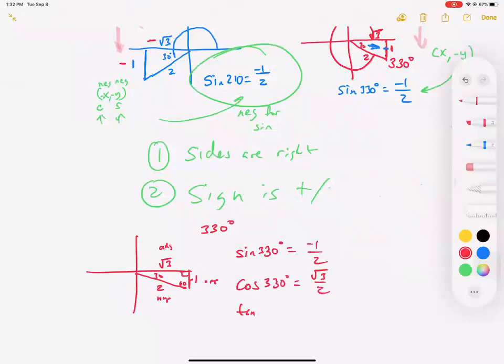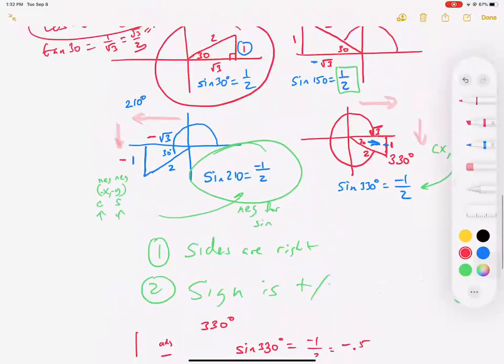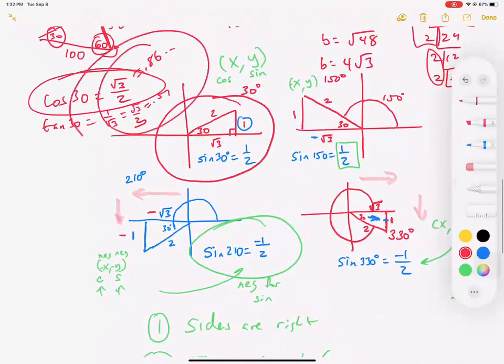My tangent of 330 is negative 1 over square root of 3, which is written as negative square root of 3 over 3. Now the cool part is we can write this as negative 0.5, positive 0.86, and negative 0.57. Again, these are numbers I'm just copying from the answers we previously had, changing those numbers to decimal.